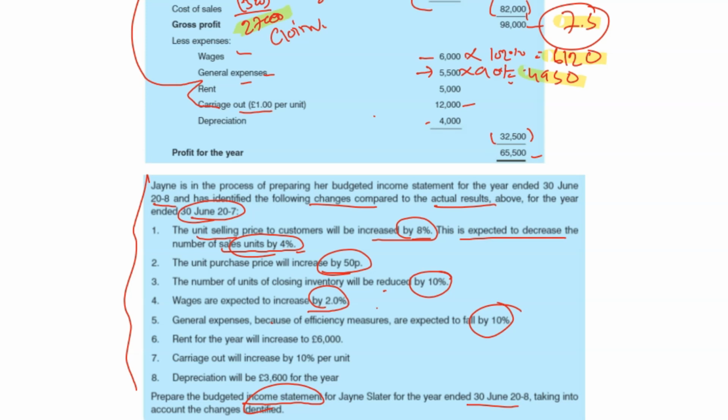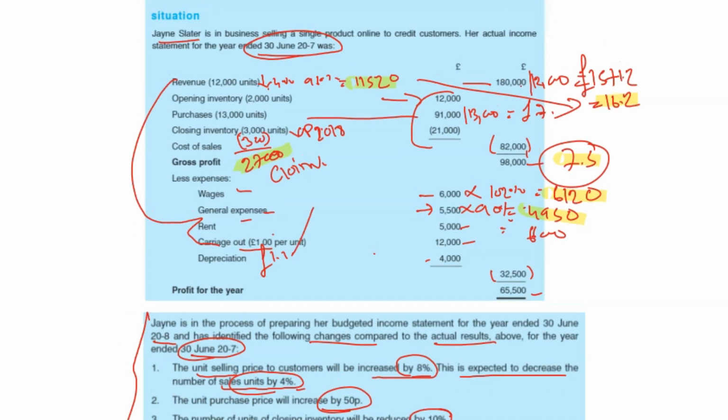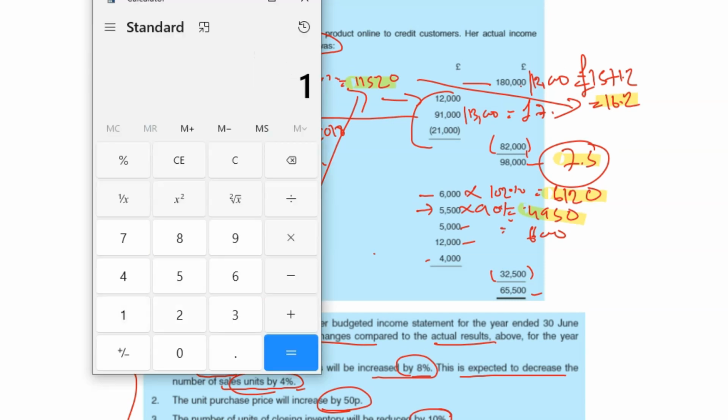Rent for the year will increase to 6,000. So from 5,000 it becomes 6,000. All right, and carriage outwards will increase by 10%. So if you do 10% of this, it's going to be 1.1, isn't it? And 1.1 you multiply with the number of sales units.